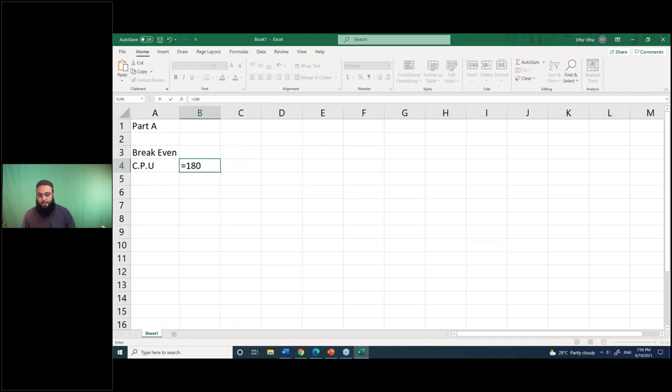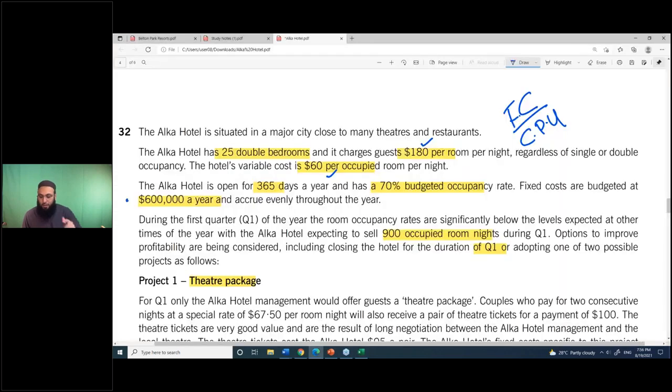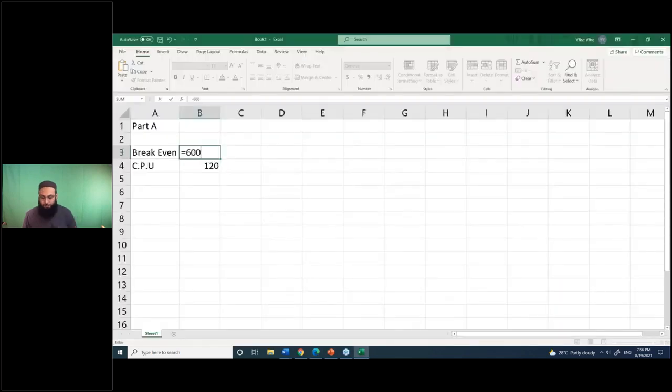So 180 minus 60 is contribution per unit. Now you have a break even answer because fixed cost is what you just need here. So it's 600,000 fixed cost divided by this 120, and you will get the answer of break even rooms, that is 5,000 rooms, right?